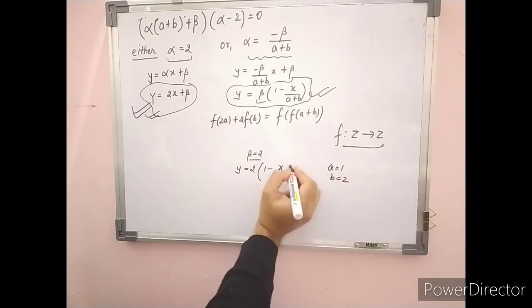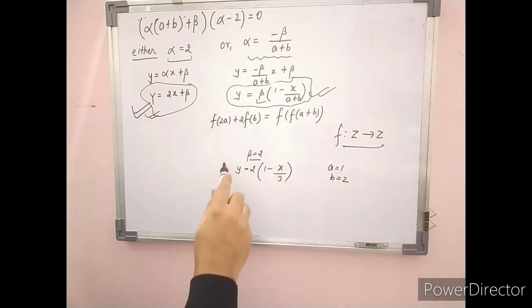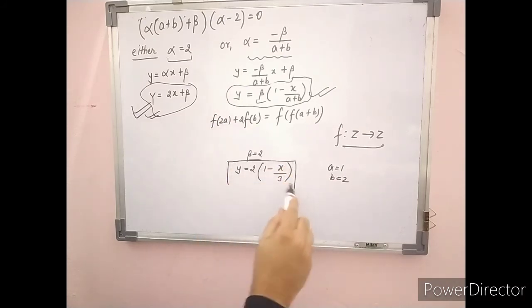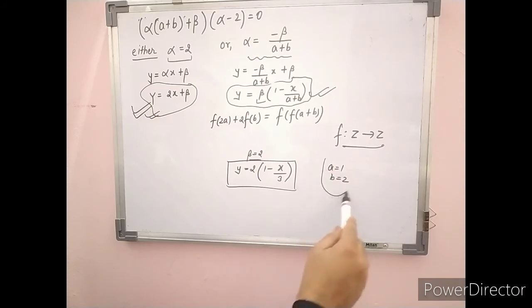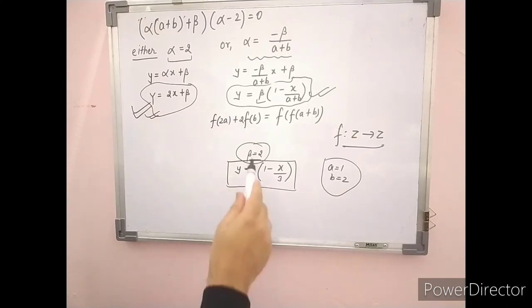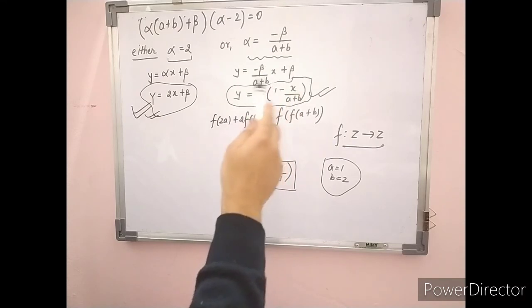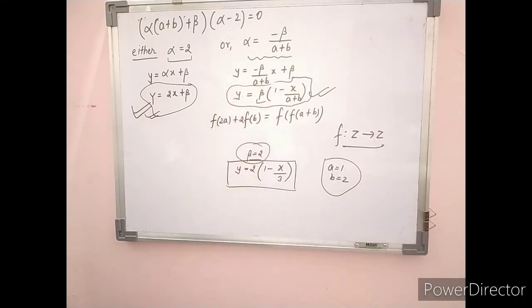So this will give y is equal to 2 times (1 minus x upon 3). Now we can't say that for all the values of x, y will be an integer. You might be wondering that I am taking a special case here, but it should be like this, that for any particular values of beta and any particular values of a and b, y should always be an integer.